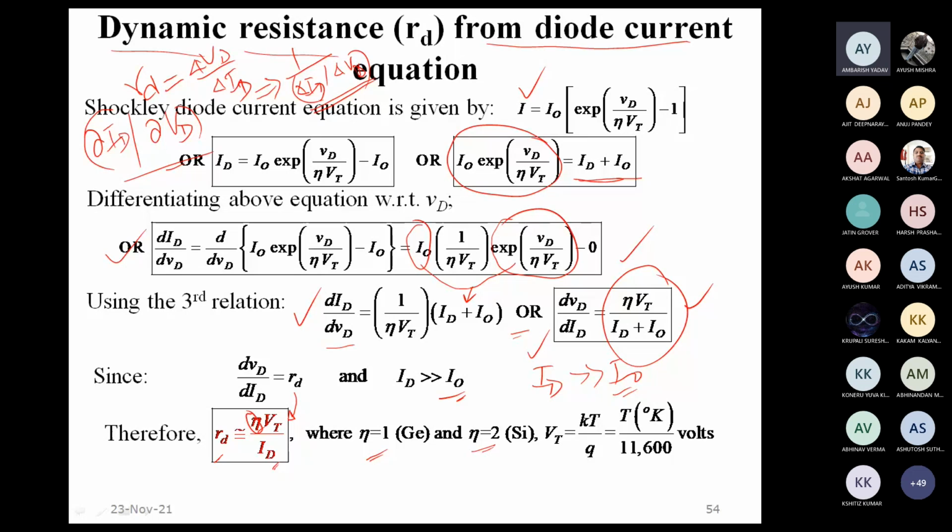If the eta value is not given, just by knowing that we are talking about silicon, we will take eta equal to 2, and if one is talking about germanium, then one will take the eta value equal to 1. So knowing the value of ID, one can compute this rd.